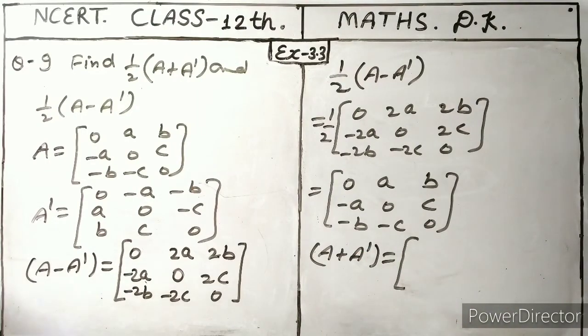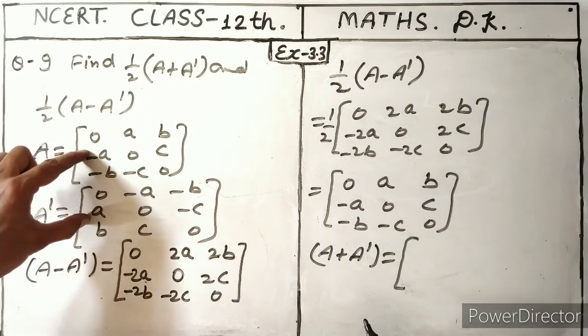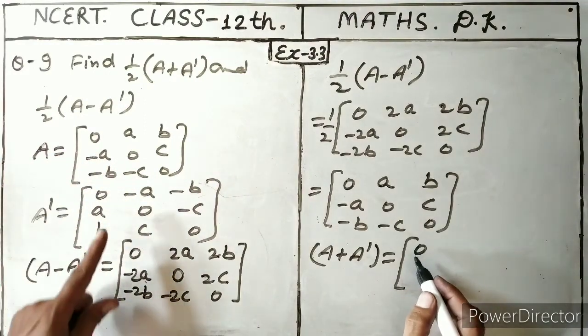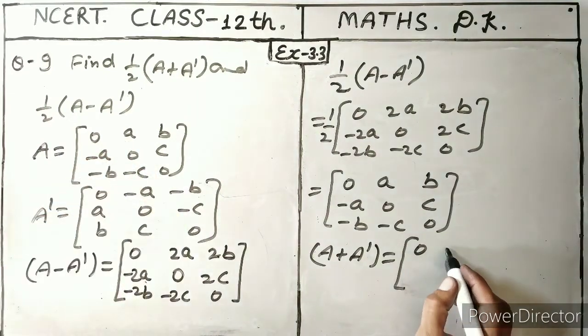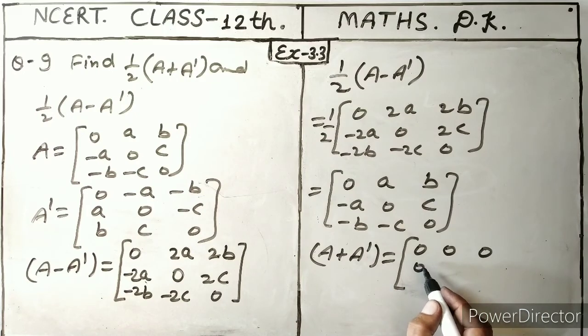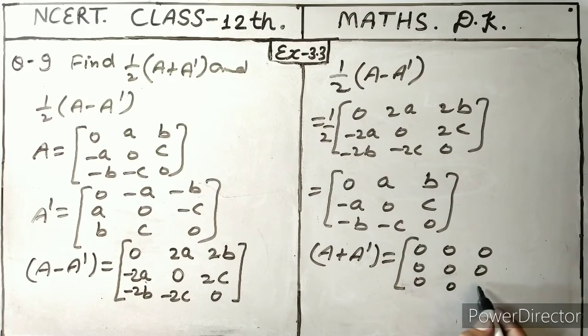A plus A transpose: we add both the matrices, giving 0 0 0 0 0 0 0 0 0.